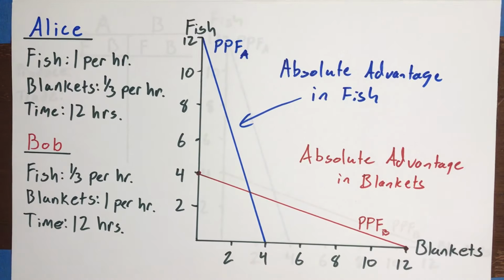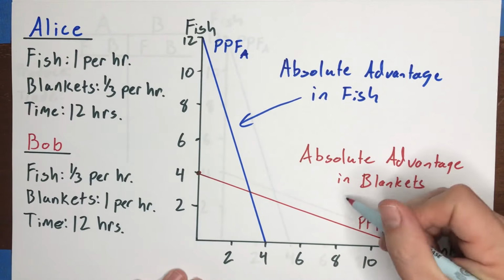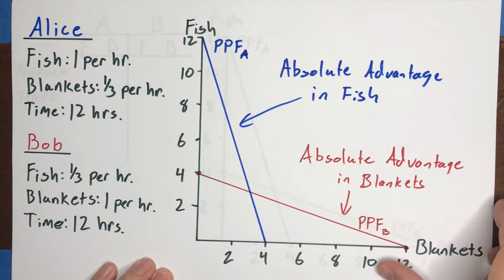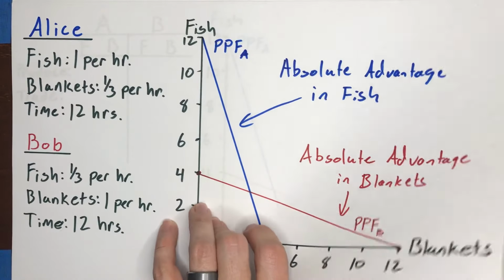And in this situation where you've got 2 people and each has their own separate absolute advantage, they should specialize in those absolute advantages. Okay? So we're going to have Alice catching fish. We're going to have Bob weaving blankets. And now let's see what comes of that. Okay, what ends up happening.